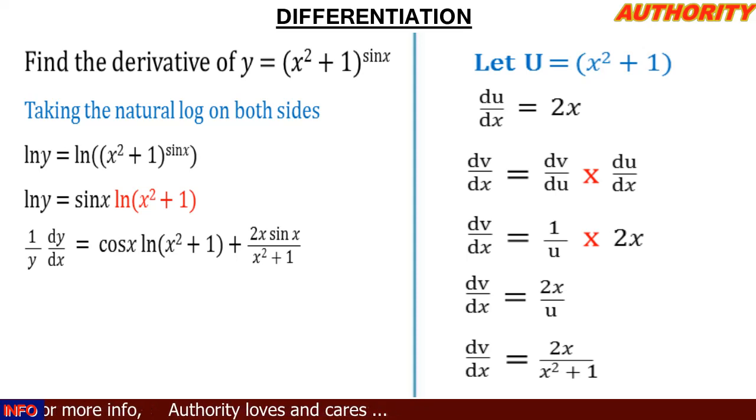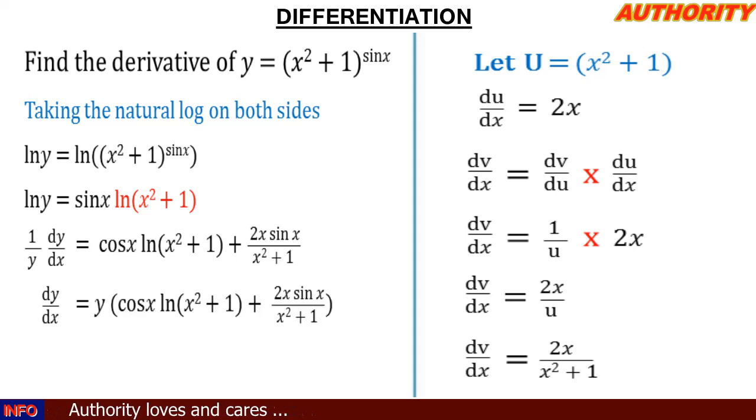In this place, we have 1 all over y. Let's remove the 1 all over y, because we are actually looking for the derivative of y, which is dy dx. So we multiply both sides by y. Multiplying both sides by y, we have dy dx is equal to y times (cos x ln (x squared plus 1) plus 2x sine x all over x squared plus 1).